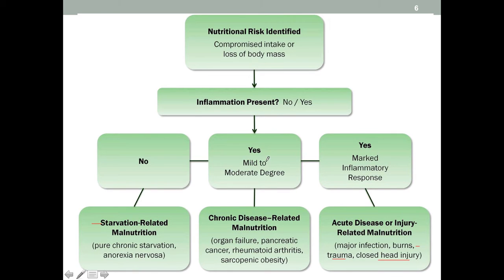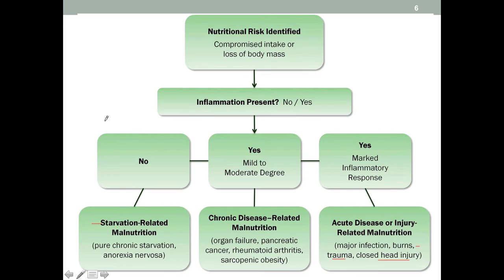Now, if we say it's a mild to moderate inflammation, this is likely due to chronic disease-related malnutrition. This is where our immune system is consistently launching inflammatory responses, but not quite to the severity we see in acute injury like burns.